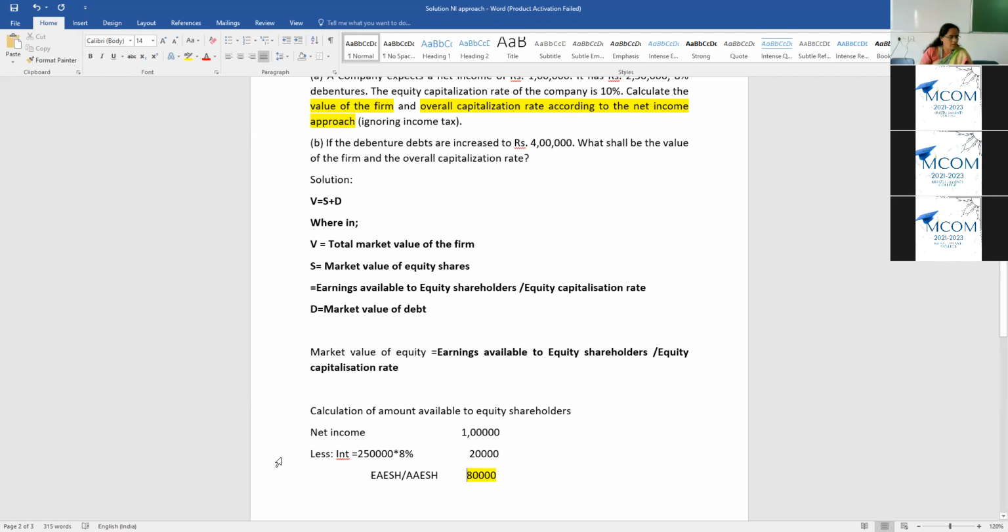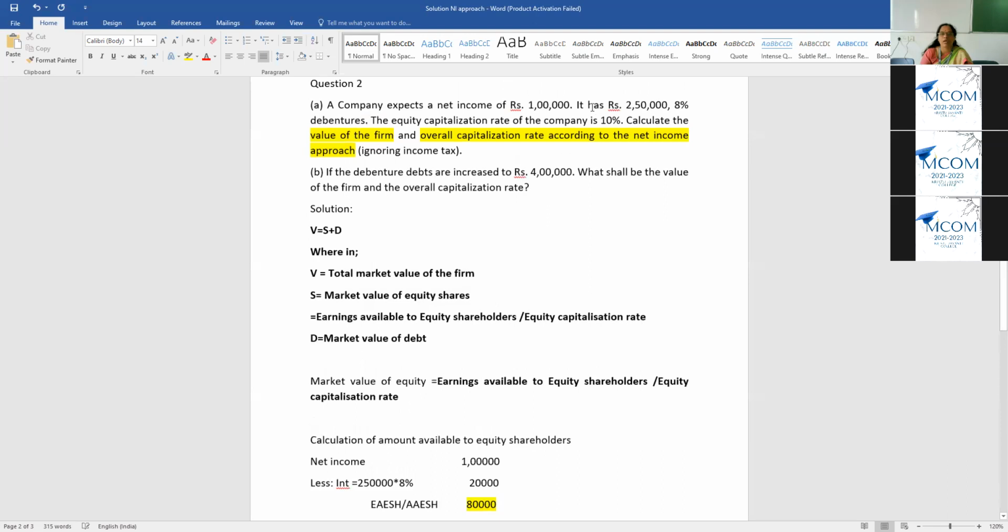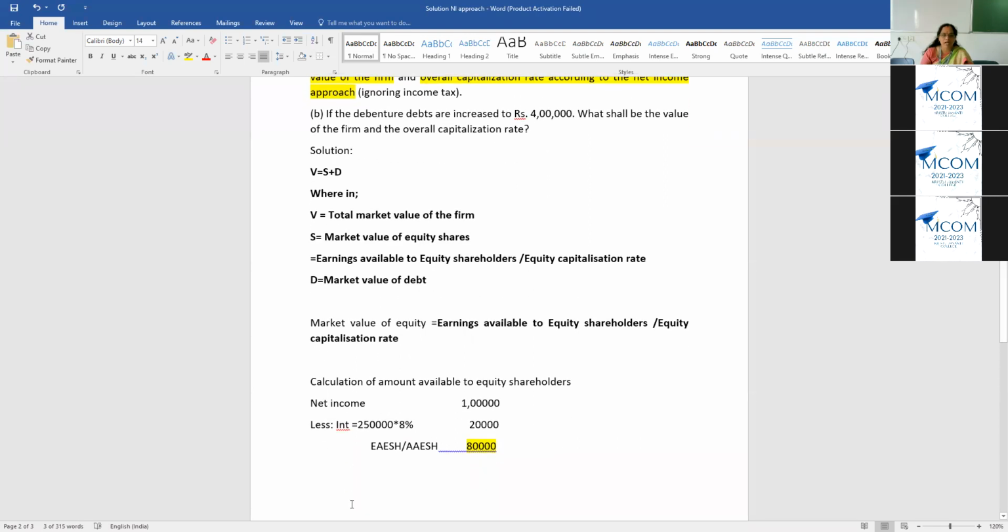Now, to calculate the market value of equity, you require earnings available to equity shareholders divided by equity capitalization rate. We have calculated the amount available to equity shareholders, and the equity capitalization rate is already given in the question. It is 10%. So market value of equity equals 80,000 divided by 10%.